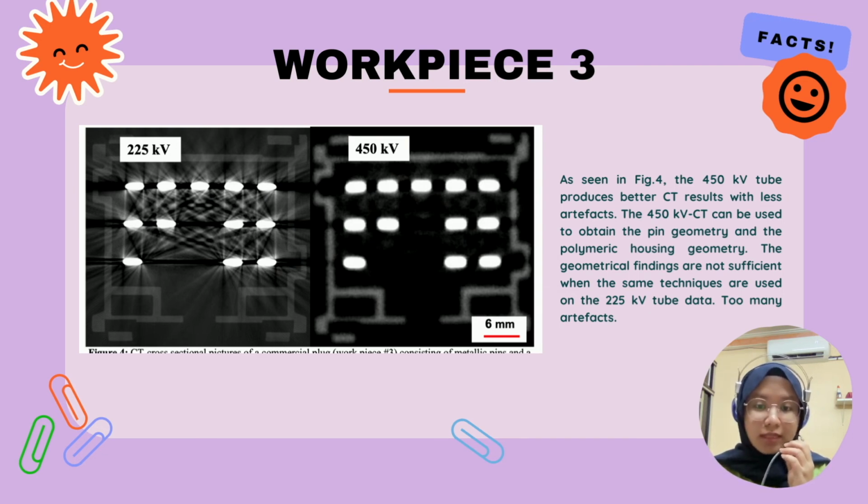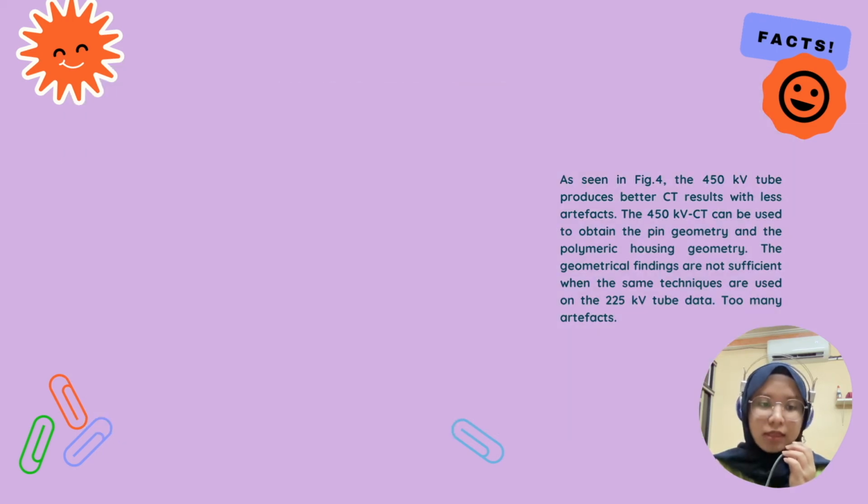With the help of selected local threshold methods, it is possible to extract the geometry of the metallic pins and the polymeric housing from the 450 kV CT. It is not acceptable to use the same technique to compute the geometrical results for the CT measurements taken with a 225 kV tube, since the geometrical results are not satisfactory.